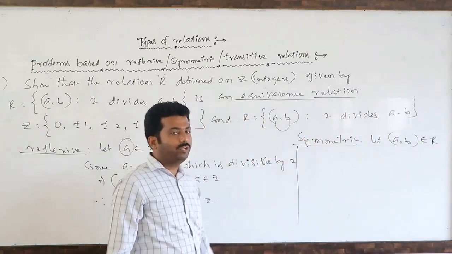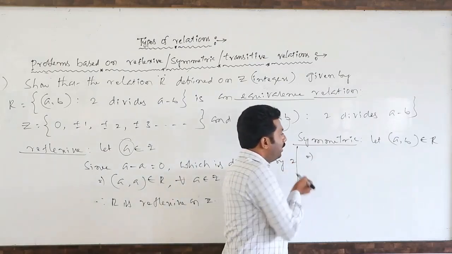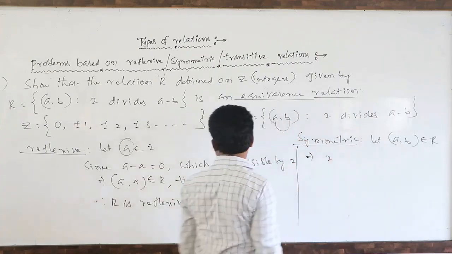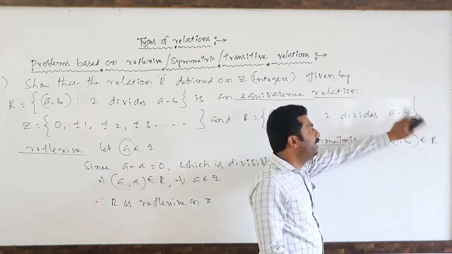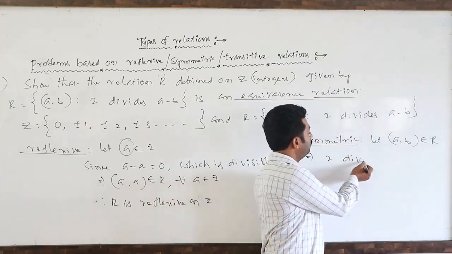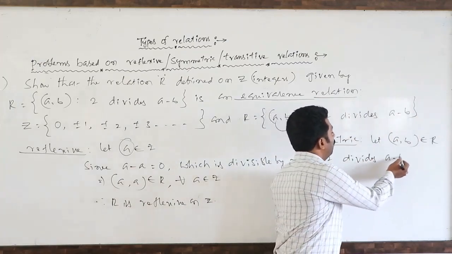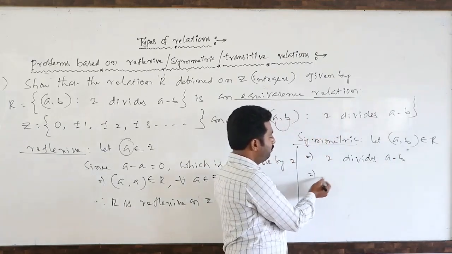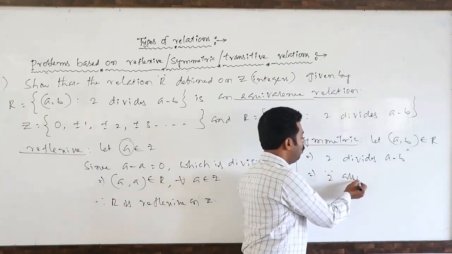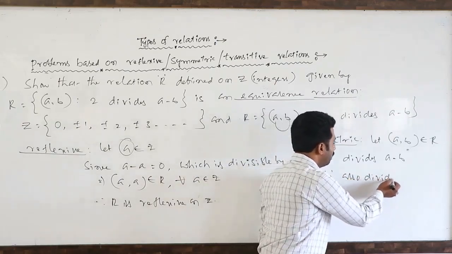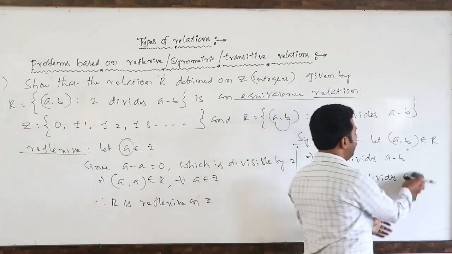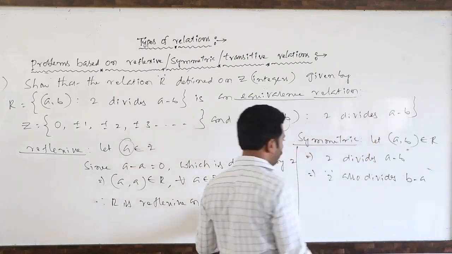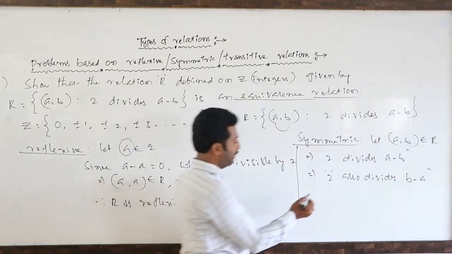(B, A) also must belong to capital R. So (A, B) belongs to capital R means what? 2 divides A minus B. So 2 divides A minus B means 2 also divides B minus A. Just now we discussed (4, 2), (2, 4) like that.